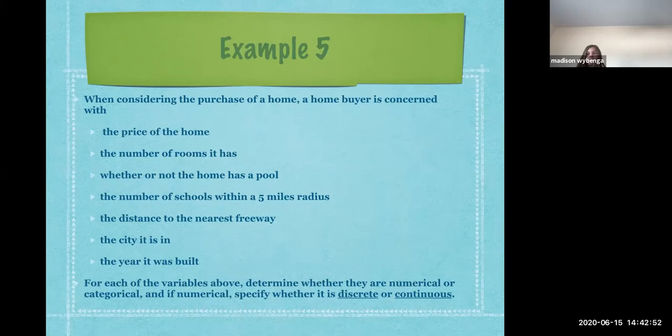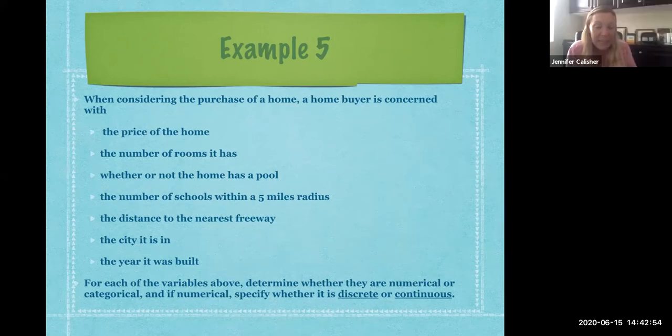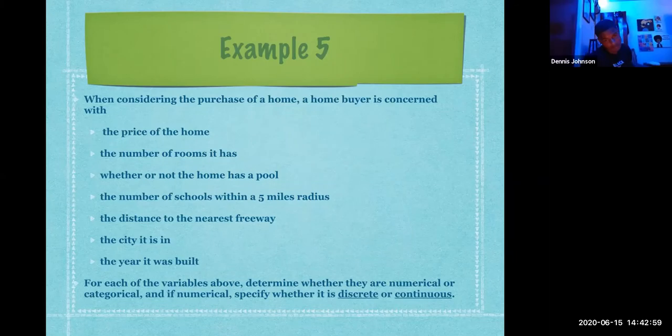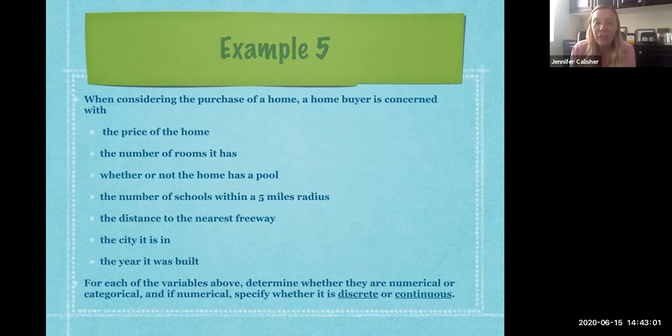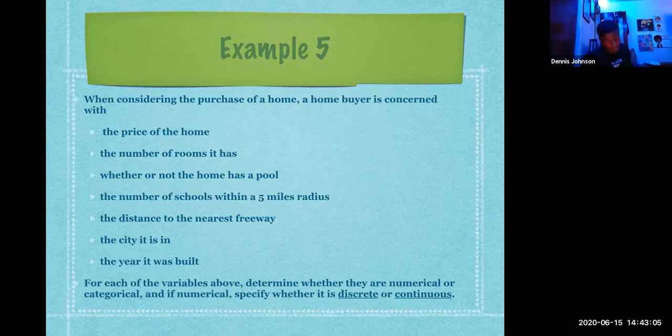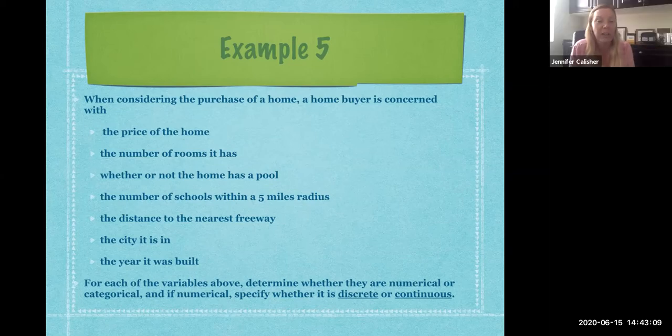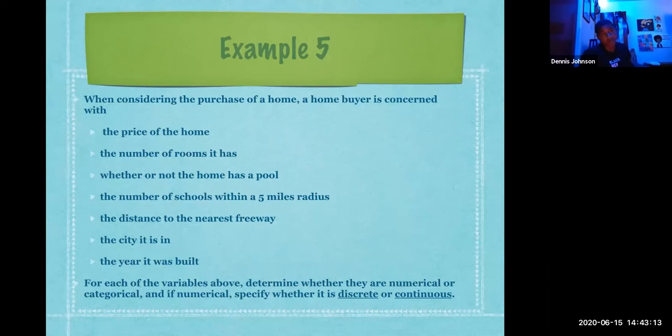Perfect. Dennis, what does the next one say? The distance to the nearest freeway. Perfect. And what did you put? I put numerical continuous. Numerical continuous. Perfect. And what's your explanation? You would have to get a specific amount of distance to the nearest freeway.